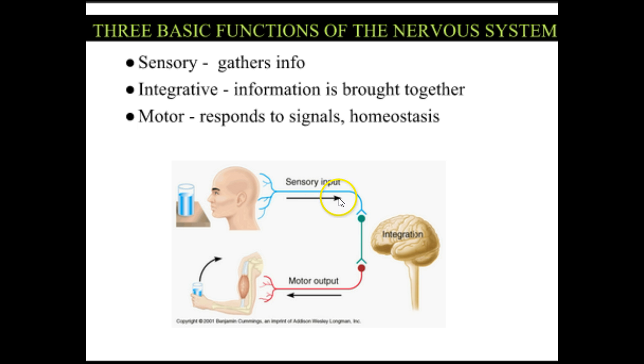That travels down to our integrative, where it's actually put together in the brain, and it sends out another impulse, and this is our motor output that says I need to drink some water. And that's picking up the glass of water to drink it, or going to the kitchen and pouring that glass of water.